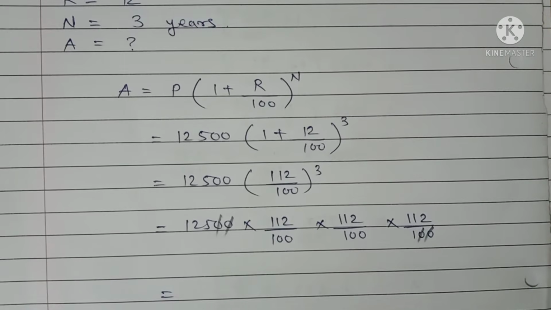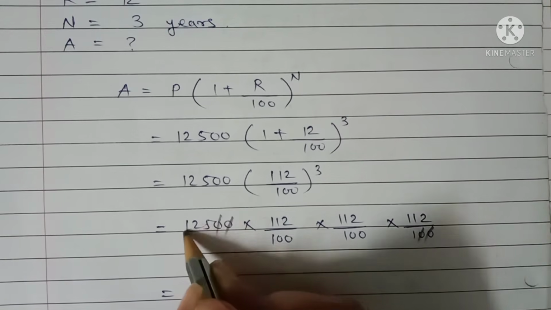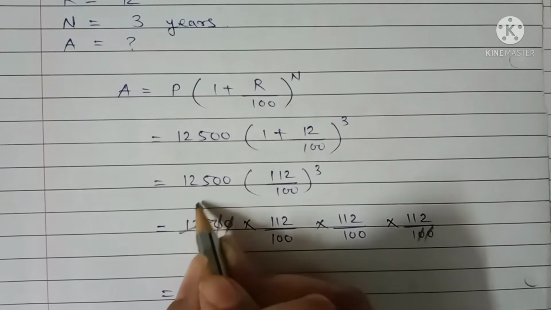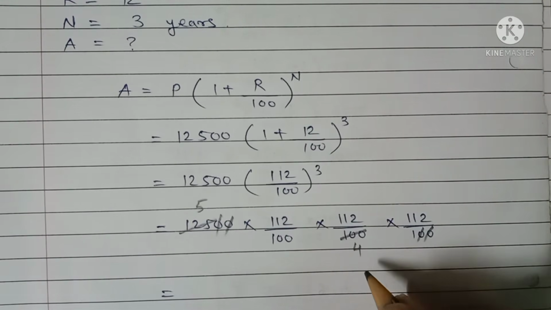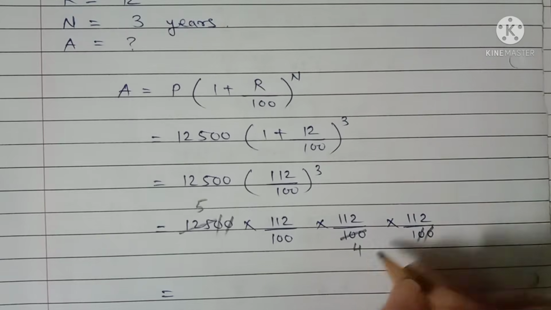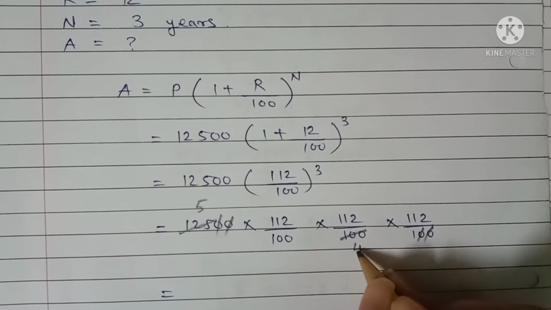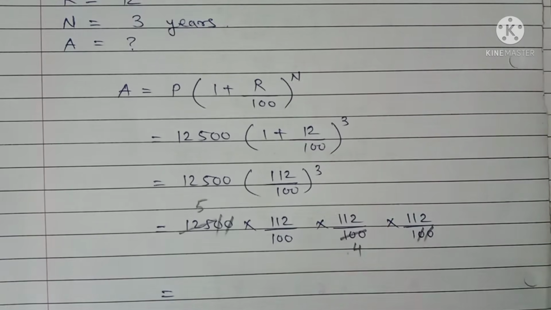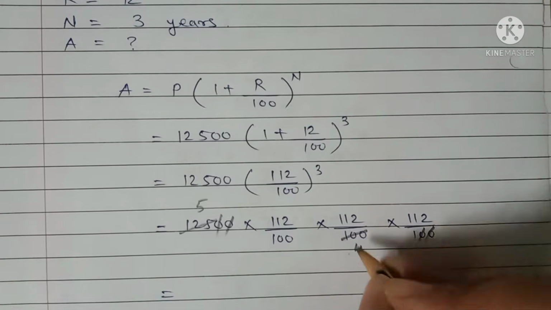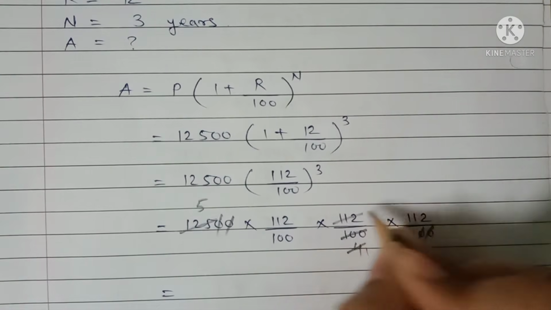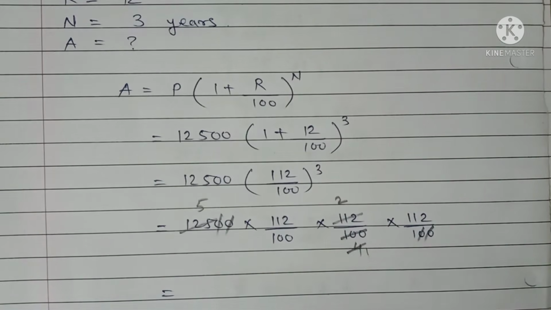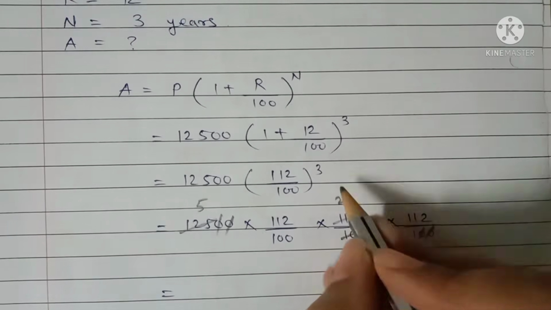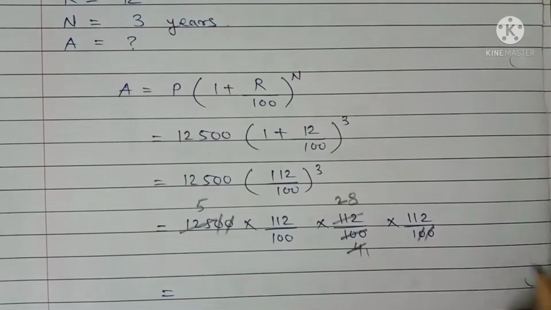Here I am dividing by 25. 25 5s are 125 and 25 4s are 100. Now here divided by 4. 4 ones are 4. 4 twos are 8, 9, 10, 11 means 32, means 4 8s are 32.